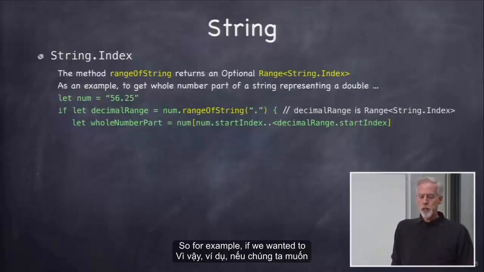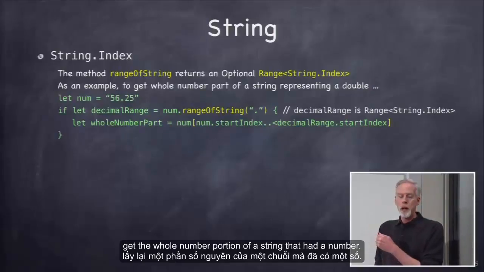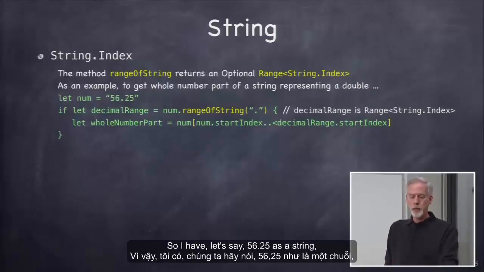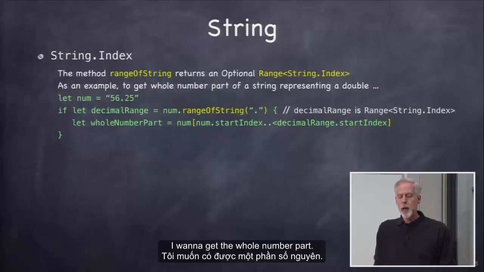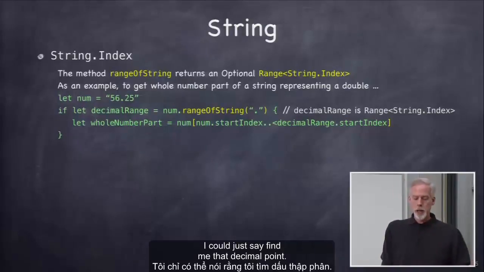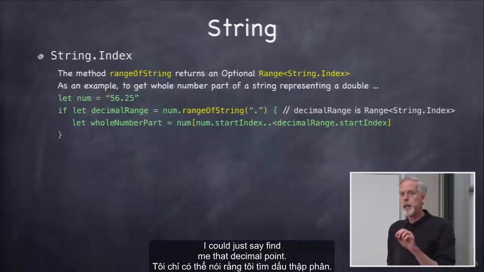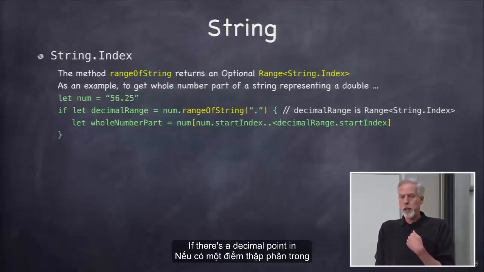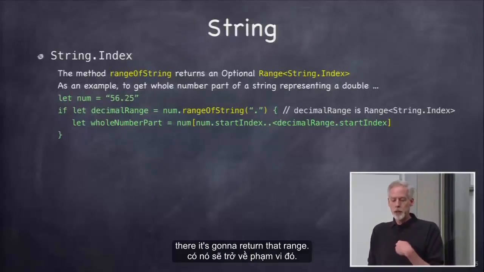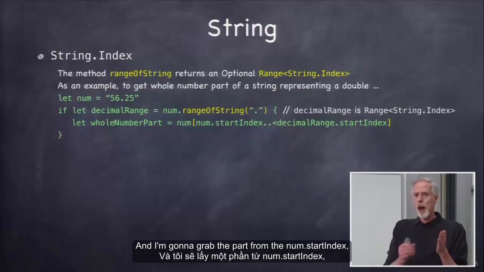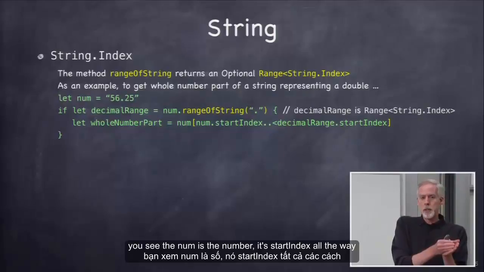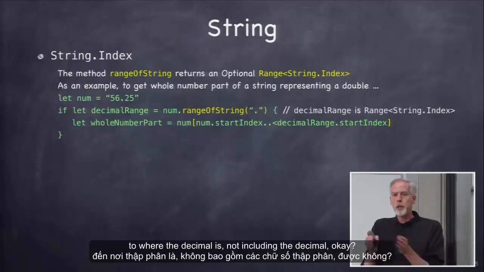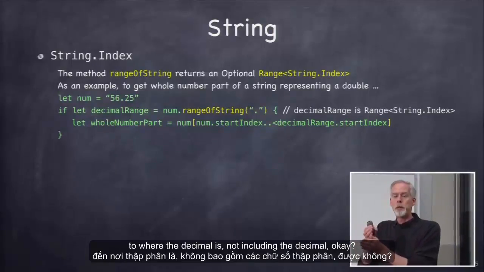So for example, if we wanted to get the whole number portion of a string that had a number, let's say 56.25 as a string, I want to get the whole number part. I could just say find me that decimal point, and that's going to return a range, if there's a decimal point in there. And I'm going to grab the part from the num's start index, you see the num is the number, all the way to where the decimal is, not including the decimal.